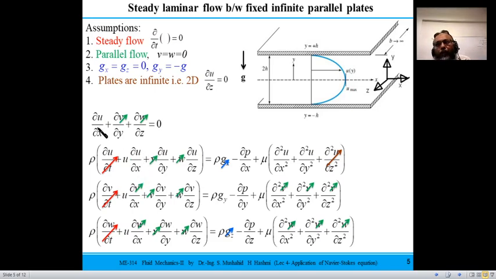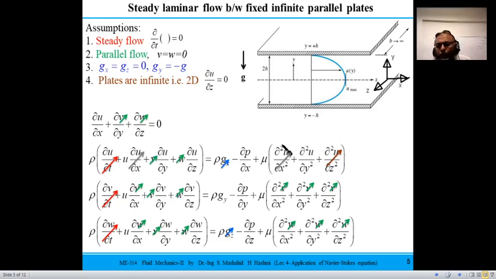So that is not an assumption, but by employing the assumptions we got, from the continuity equation, the velocity variation of the u component of the velocity in x comes out to be 0. So if this is 0, then obviously the second order term would also be of no importance.